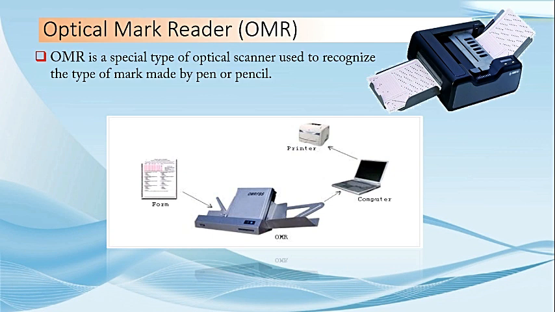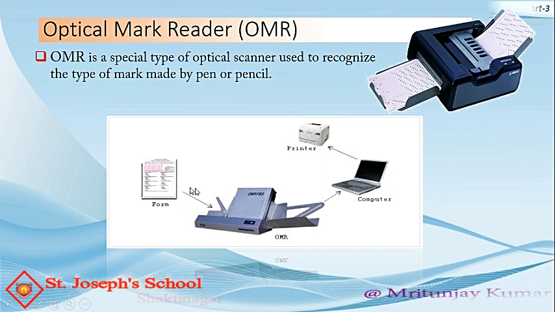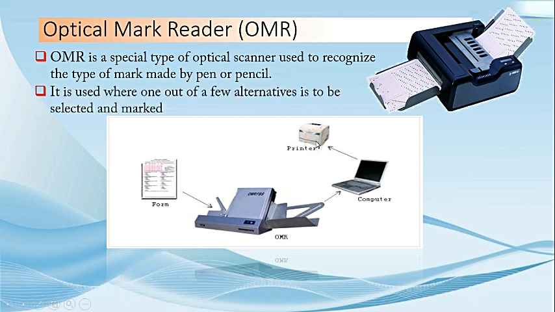And to understand the working of this OMR, let's see this picture. In this picture there is an OMR form, and this OMR form is placed in the OMR device, and it scans the OMR and feeds the data into the computer, and then the report can be printed with a printer.